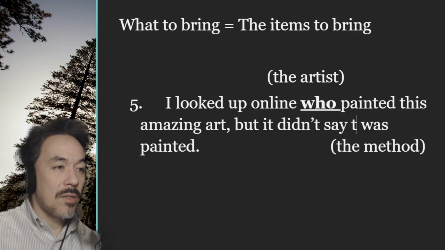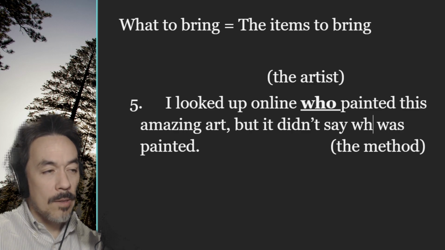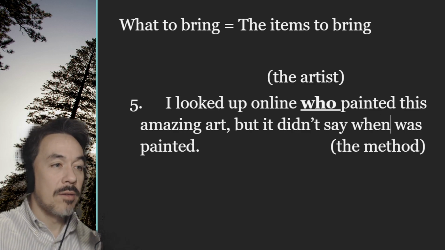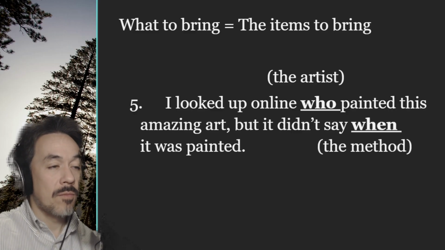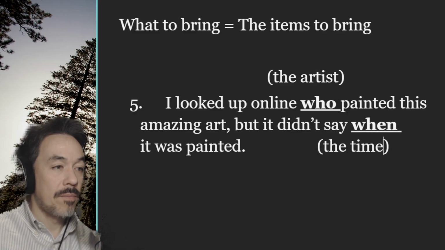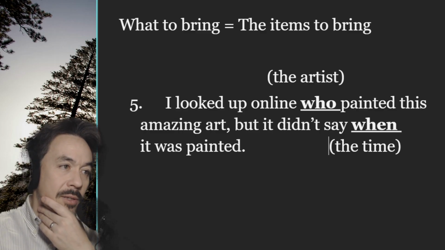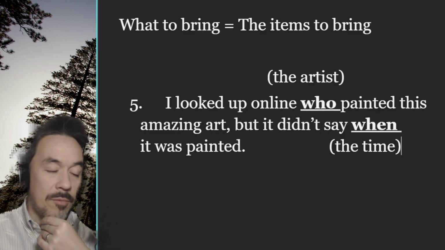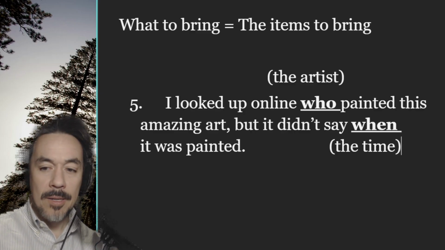It didn't say when it was painted. Right? When. The time. Okay. So yeah, this is definitely a more tricky style. You have to really design your own original sentences and see if they make sense.